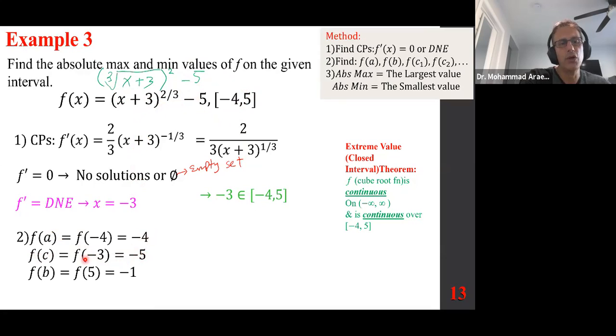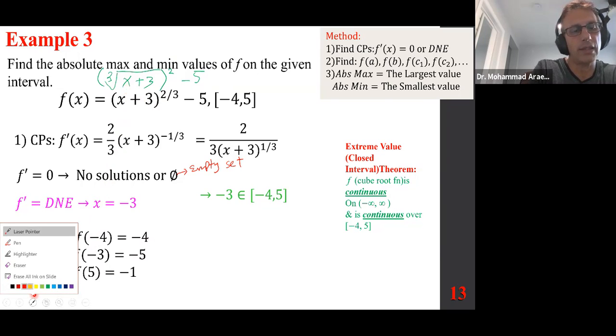I want to quickly show you why f of negative 4 is negative 4. Okay. So I'm going to use this expression, everybody. And I'm going to replace the x with negative 4. So if I put negative 4 with positive 3, it gives me negative 1.